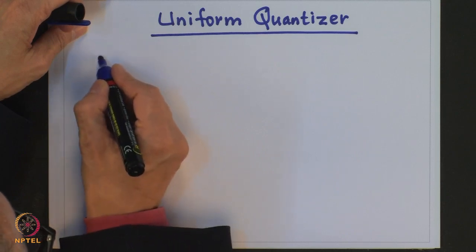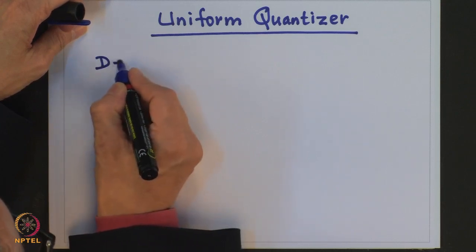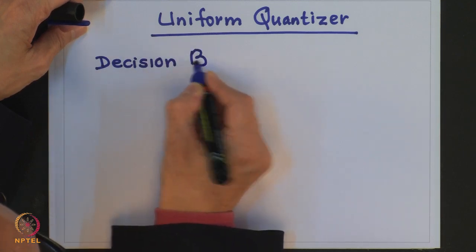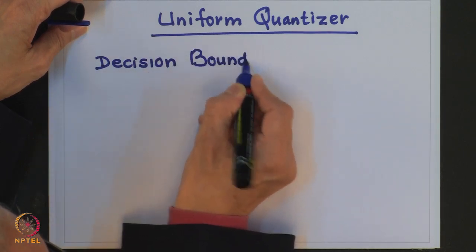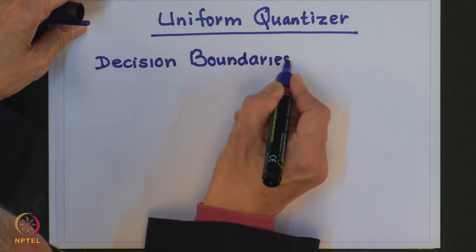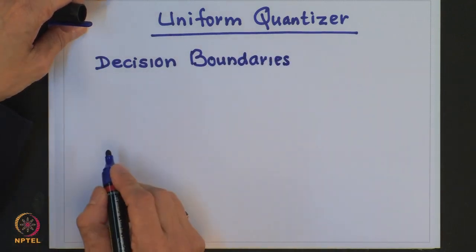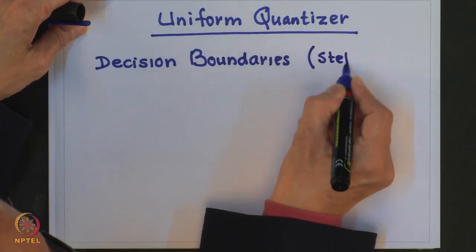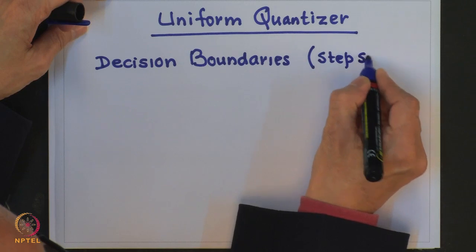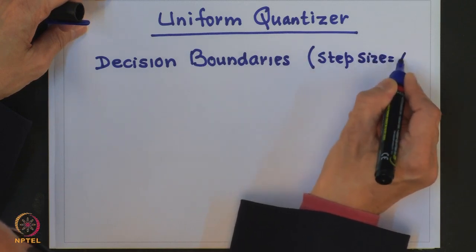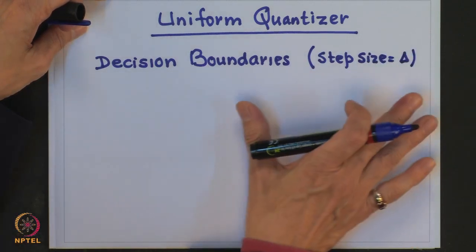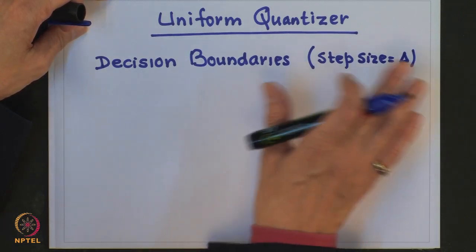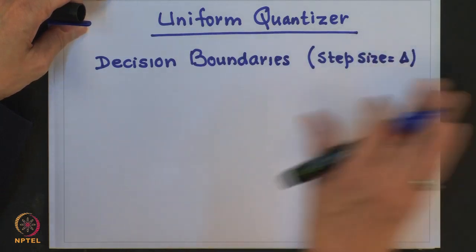The first one is that decision boundaries are equally spaced, that is, your step size is equal to delta, which remains the same for all the intervals except possibly for the outer two intervals.